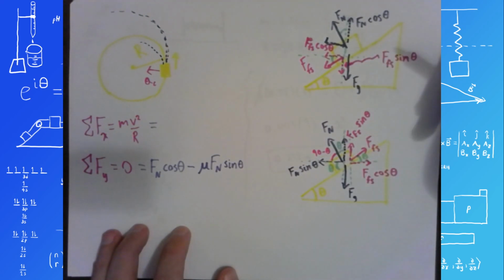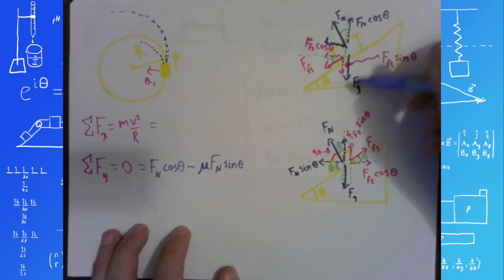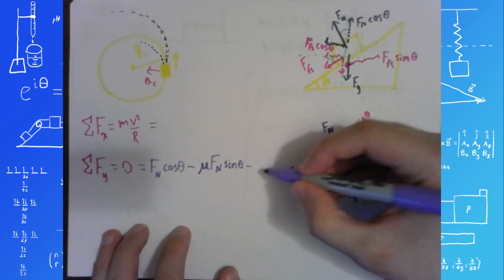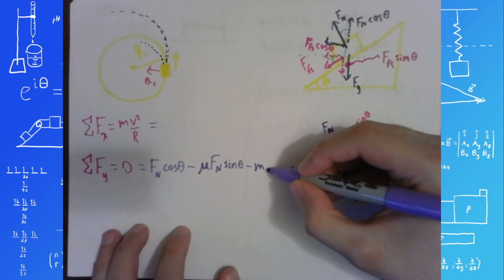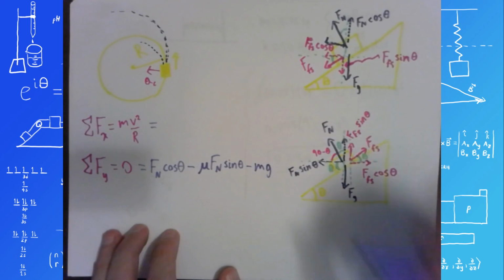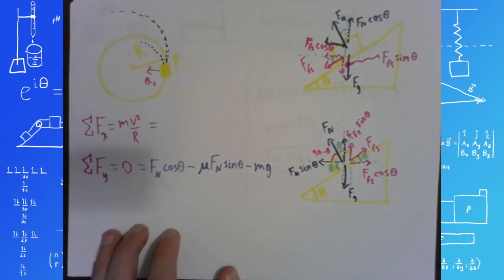So that takes care of our downward static friction component. And then also downward we've got the force of gravity, so minus mass of the car times g. Alright, that takes care of net force in the y direction for the first diagram. We'll do the second one in a bit.